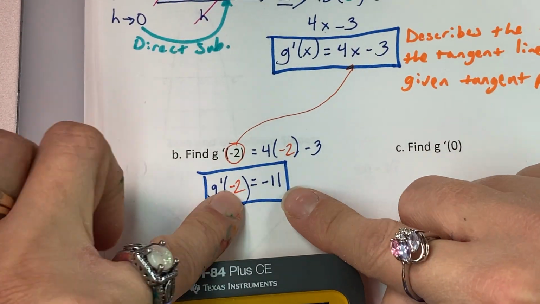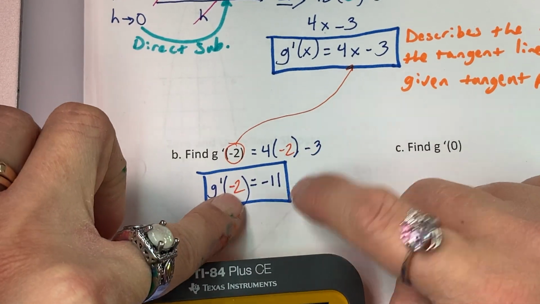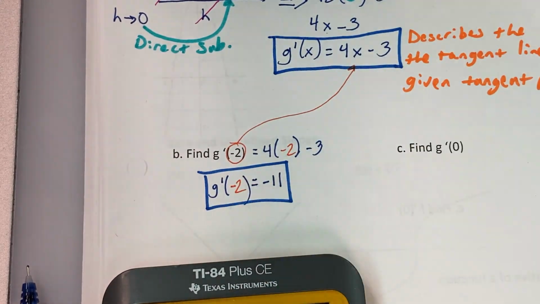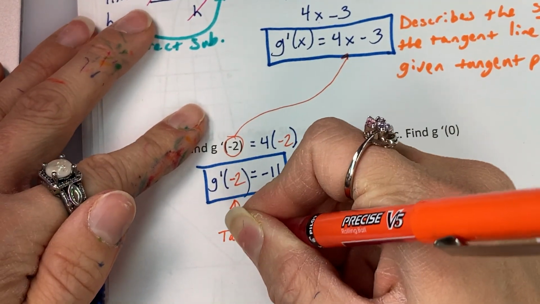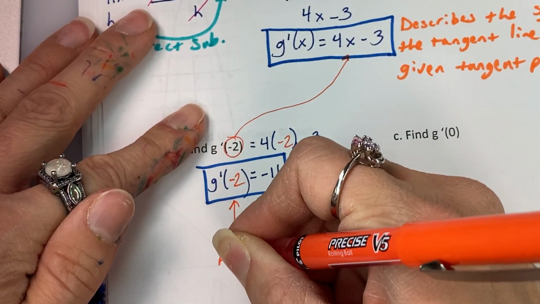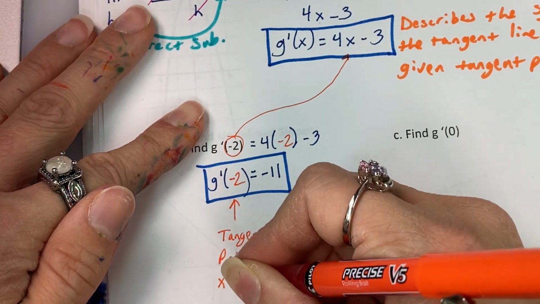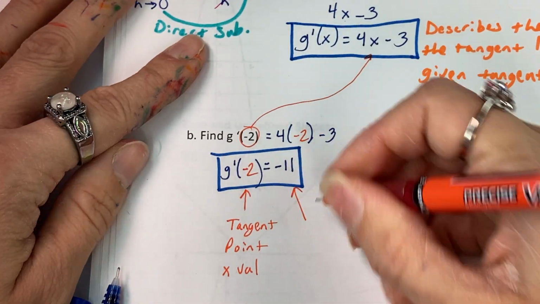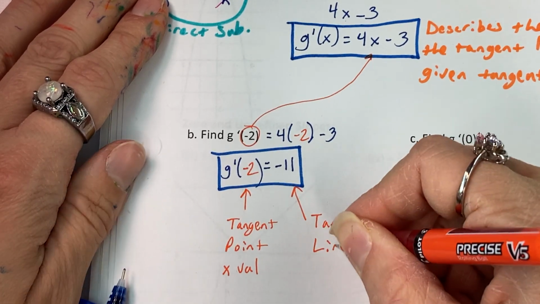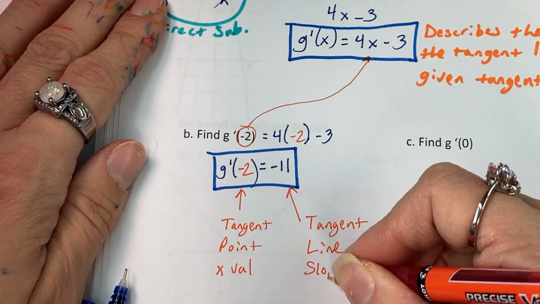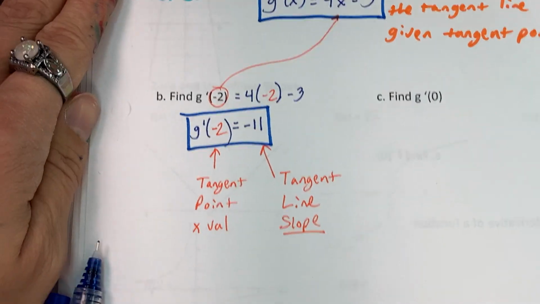So this is not a coordinate. It's not -2, -11. It says that this tangent point x value yields a tangent line slope of -11.